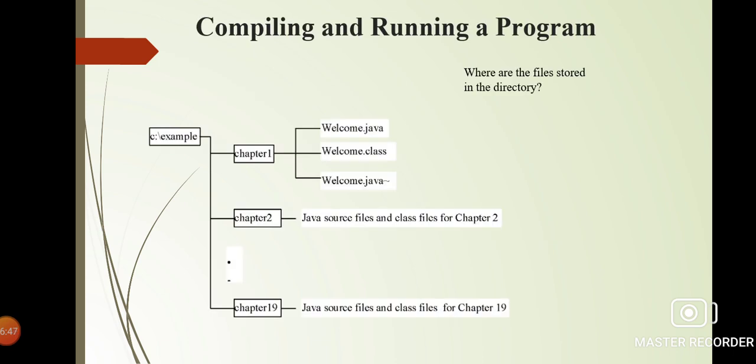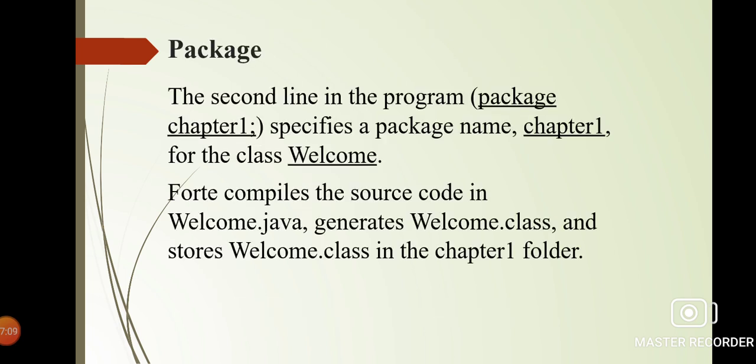Compiling and running a program: where are the files stored in the directory? For example, if we take C:, in chapter 1 there are Welcome.java and Welcome.class. In chapter 2, Java source files and class files for chapter 2, and up to chapter 19, Java source files and class files for chapter 19.